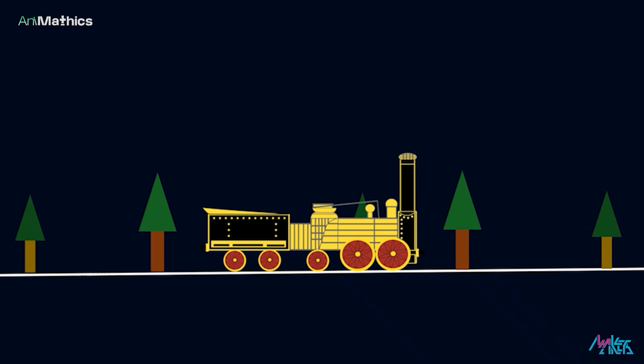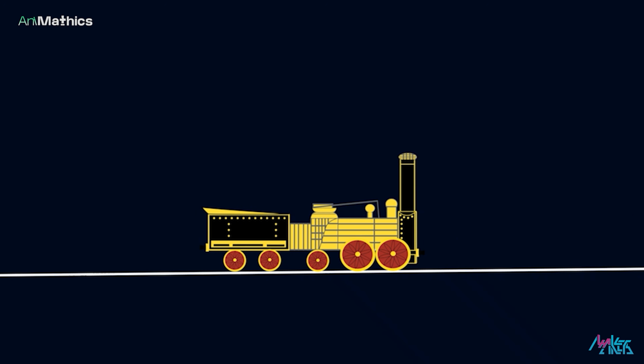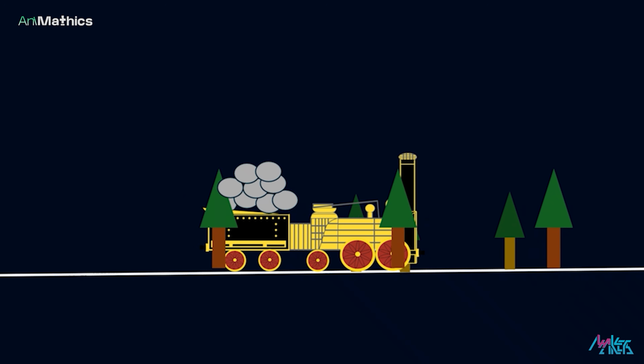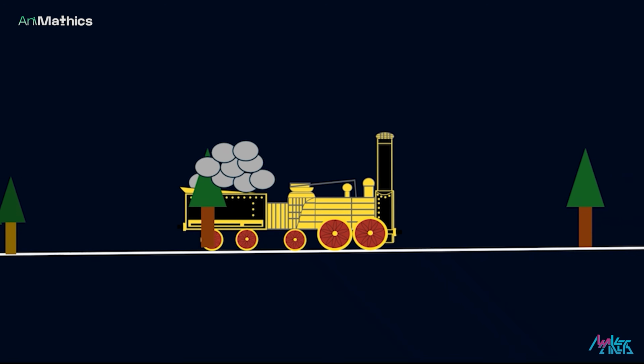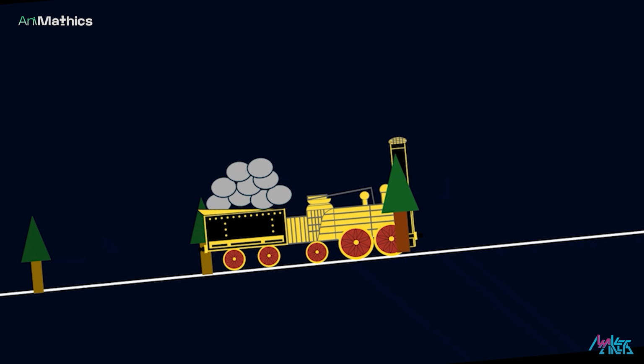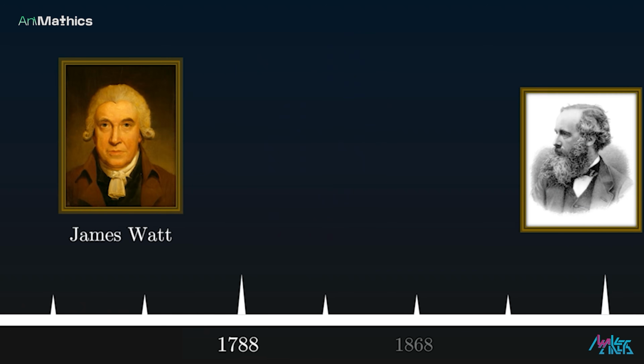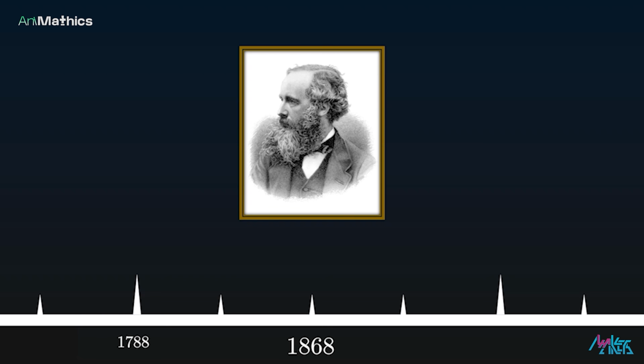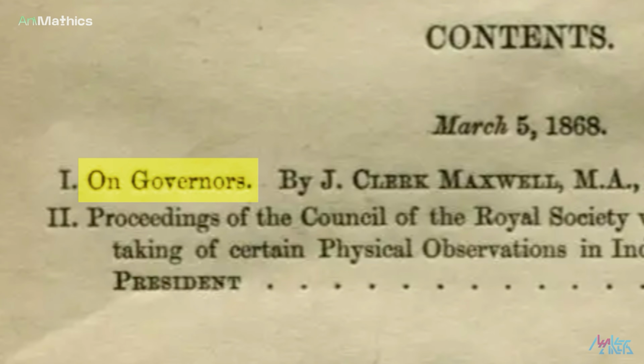If we increase the load of the engine, the speed decreases significantly, and with just enough disturbances, say a sudden gust or a sharp incline, regulating the speed properly becomes a difficult task. Because of this, in 1868, James Clerk Maxwell, a Scottish physicist, submitted a paper to the Royal Society of London named On Governors.